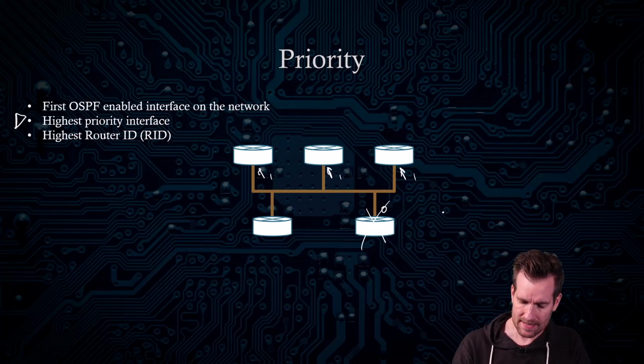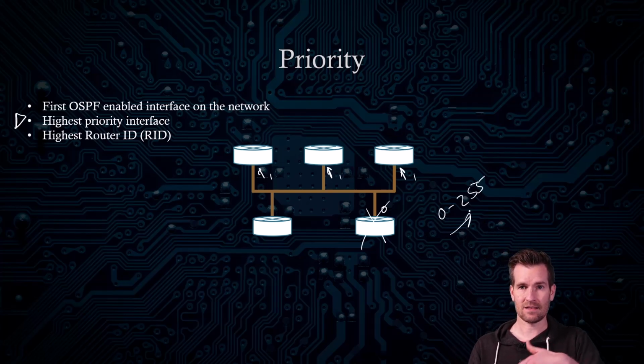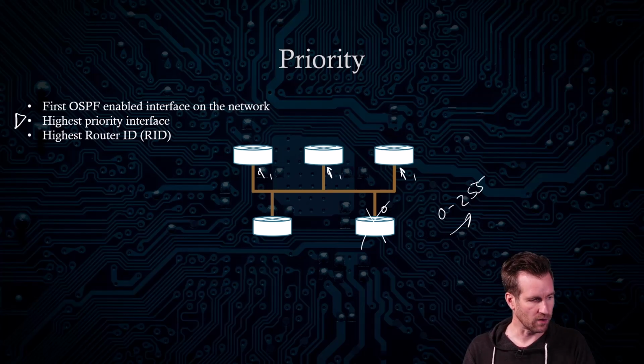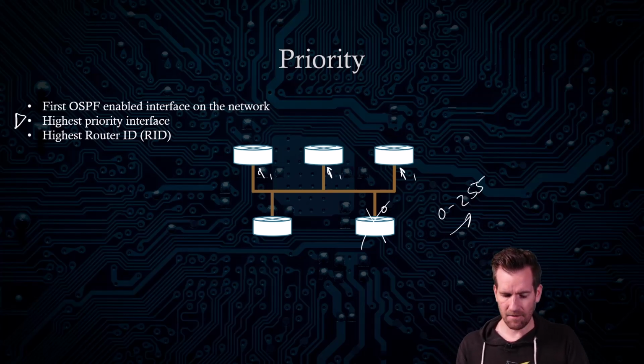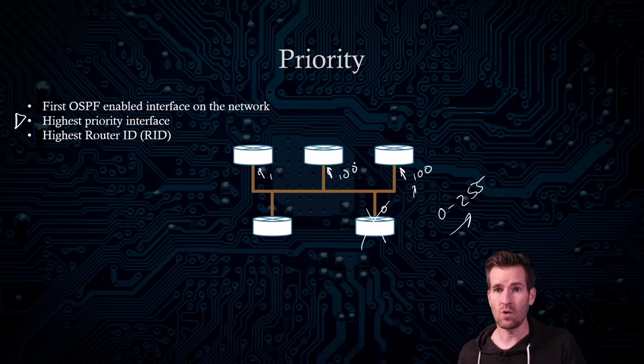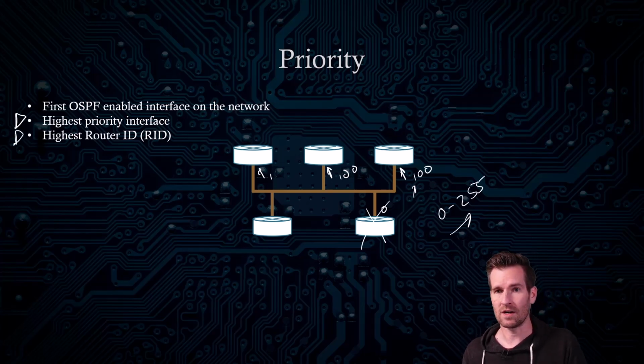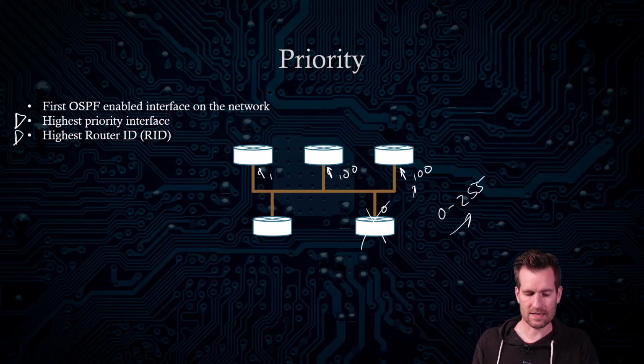The number that we can set is between 0 and 255, and the higher it is, the better chance, the more priority it has over the other devices. If the devices are equal, so let's say we set this to 100 and this to 100, and a new election process takes place, then it goes on to our next selection process of, okay, what is the highest router ID then?